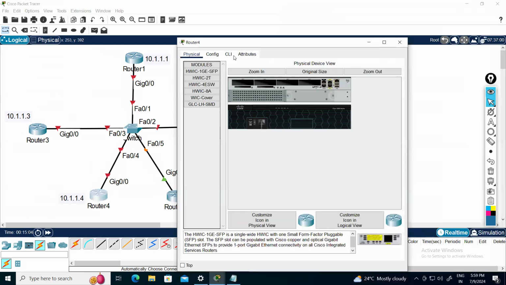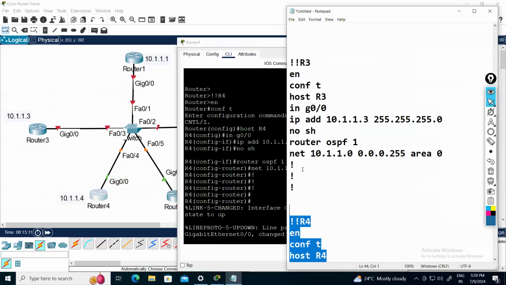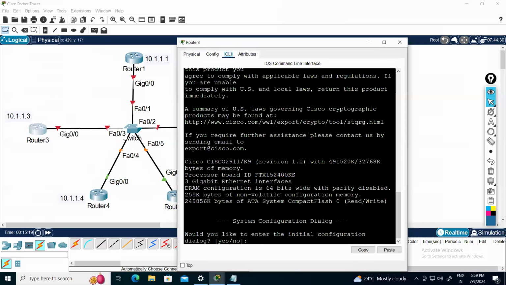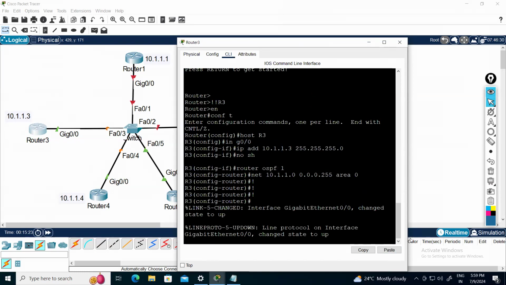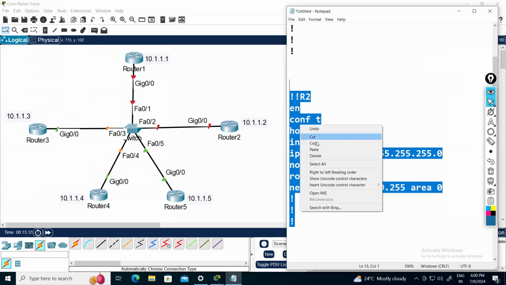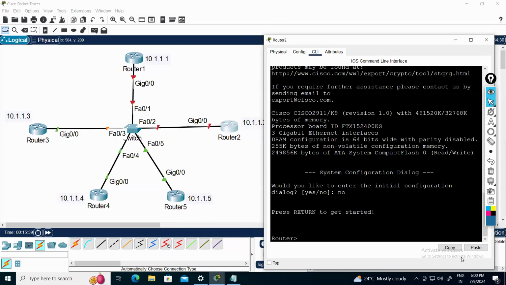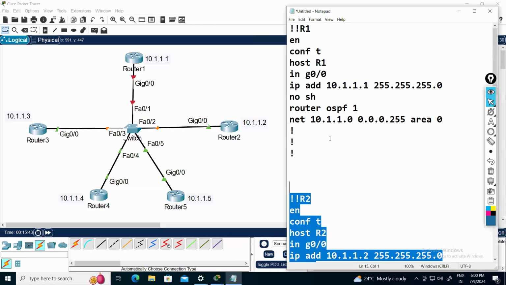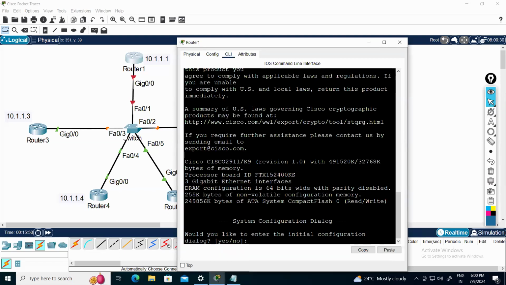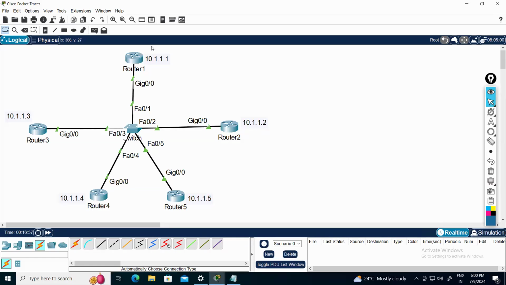R4. R3. R1. Now let's go on R1 and check.